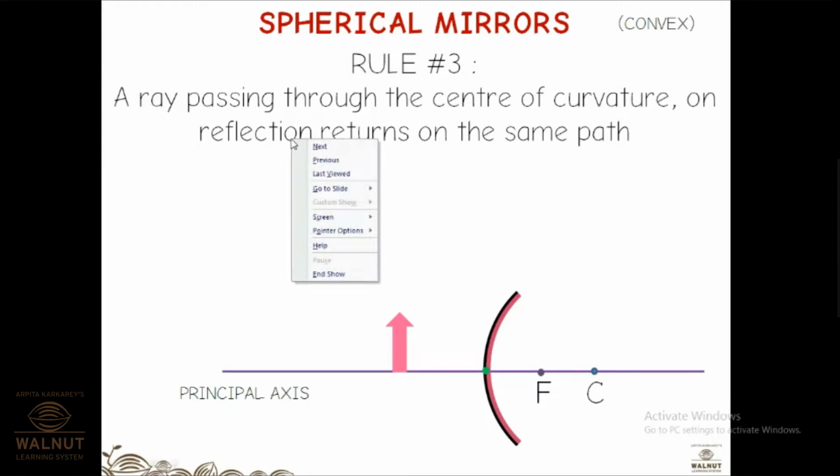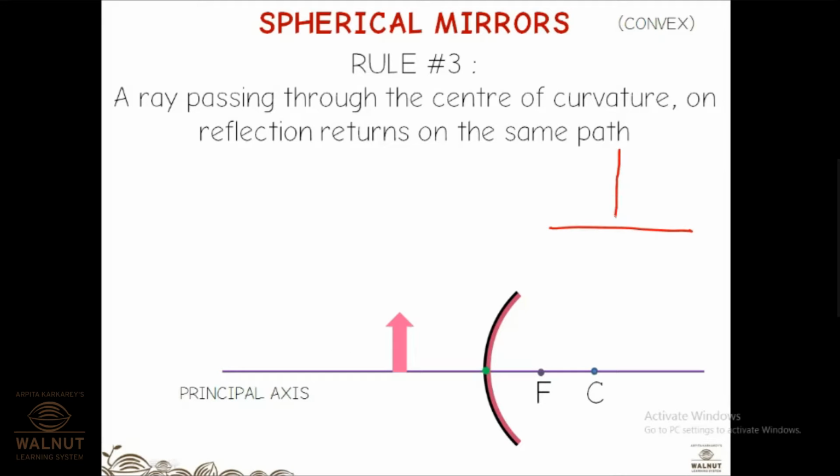So we all have studied laws of reflection, right? I'll just take out the pointer. So if this is a reflecting surface, normal is always perpendicular. Now this is the incident ray, this is the reflected ray, and this is angle of incidence, this is angle of reflection.